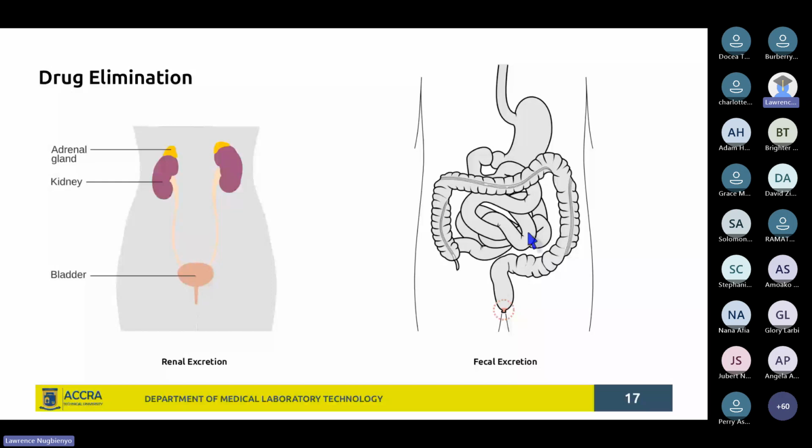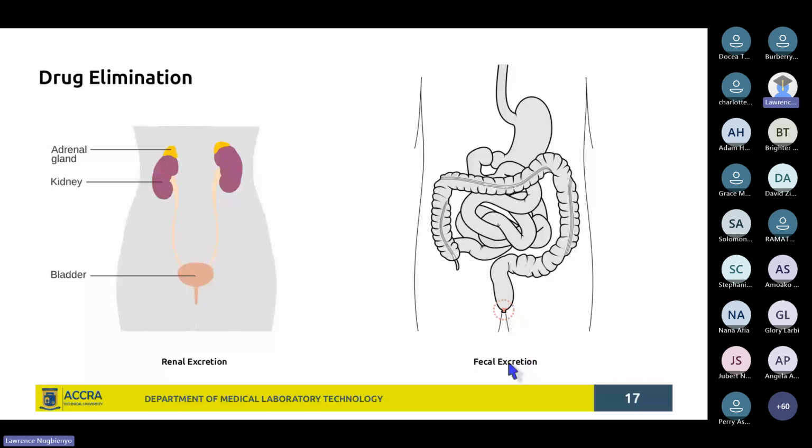Or you can also have the metabolites, or the drug, coming from bile. So you see that biliary excretion ends up also in fecal excretion.